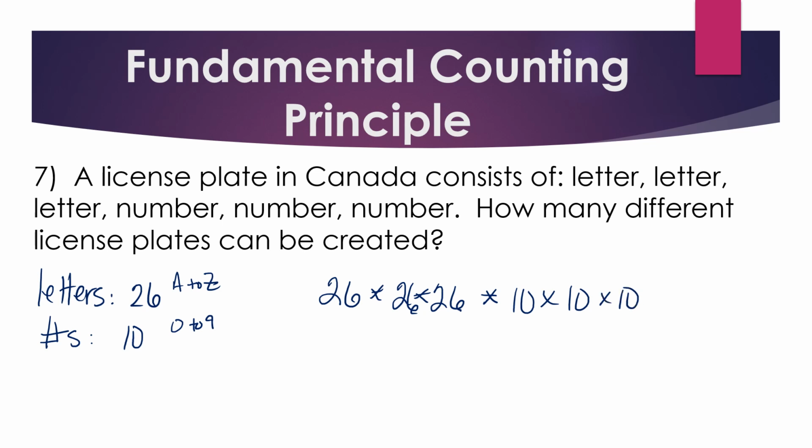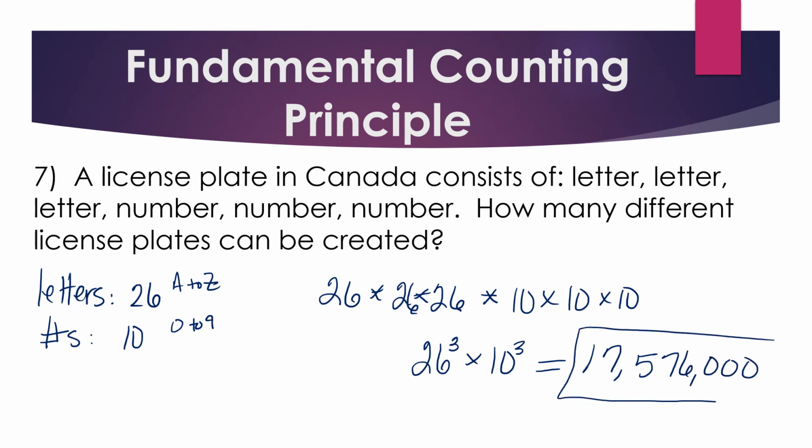So that is 26 times 26 times 26. You could say 26 to the 3rd times 10 times 10 times 10, or 10 to the 3rd. And when you multiply those 2 values together, you will get 17,576,000 different ways to create a license plate in Canada.